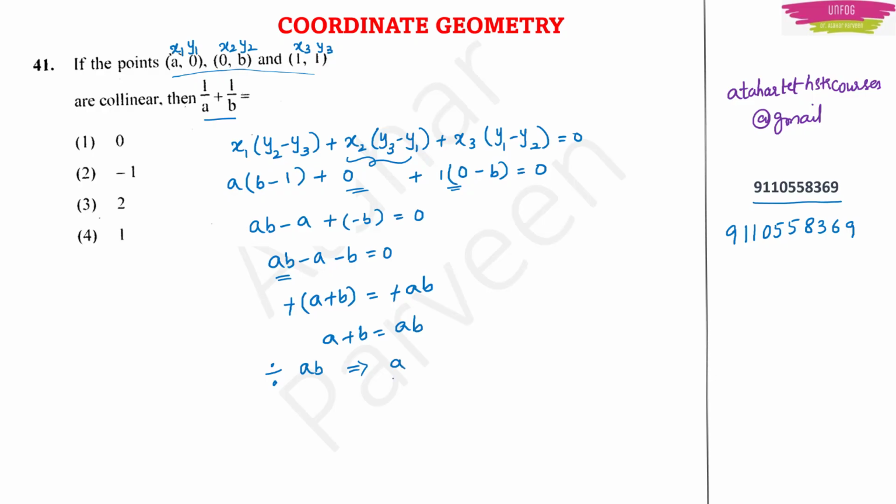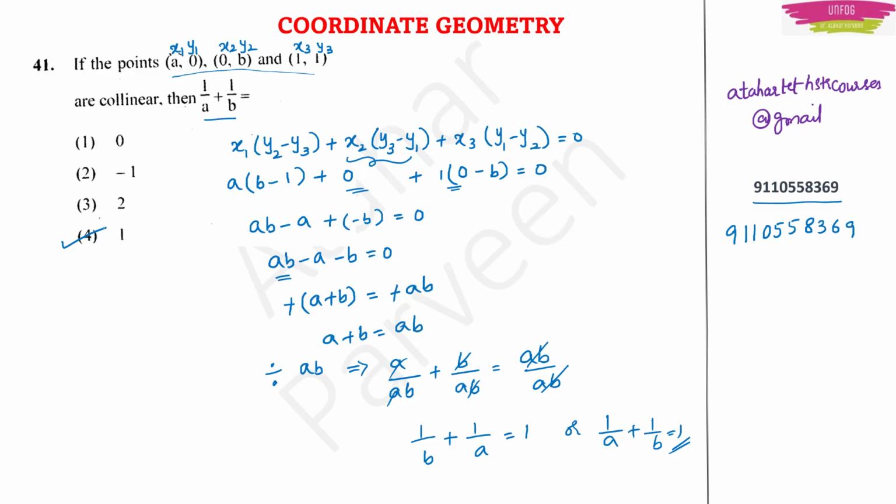So I get a/ab + b/ab = ab/ab. The a cancels, the b cancels, and I have 1/b + 1/a = 1, or 1/a + 1/b = 1. So option 4 will be the correct answer for this problem.